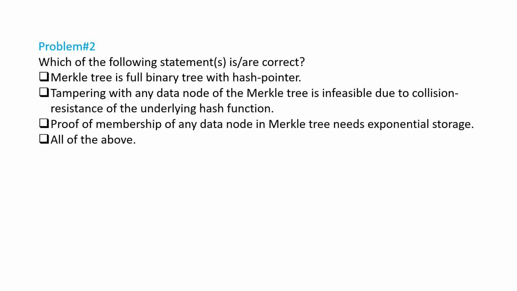But whenever it needs some particular data, let's say the ith leaf node is the data that it requires, so it queries for that data and it gets back that particular data node.